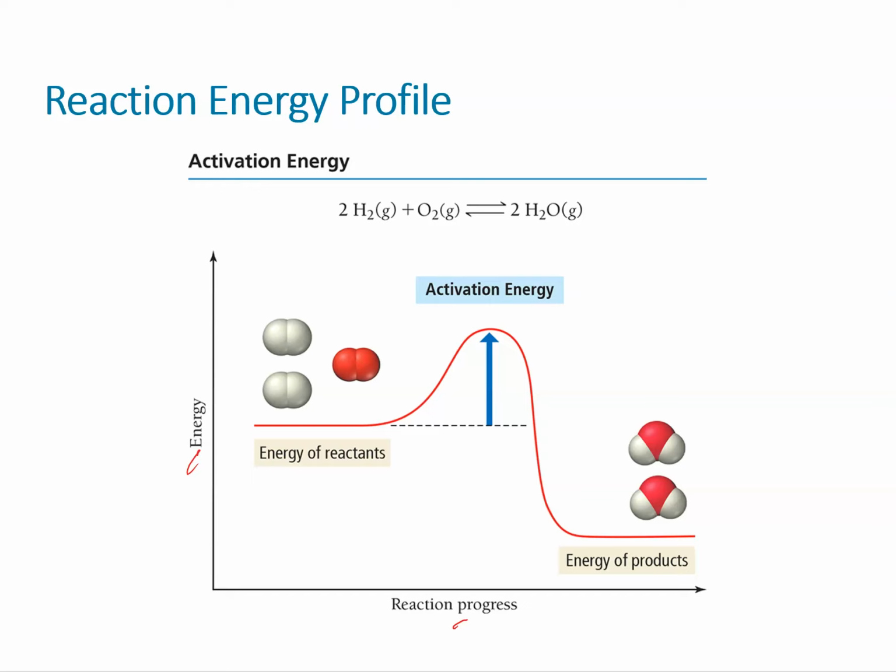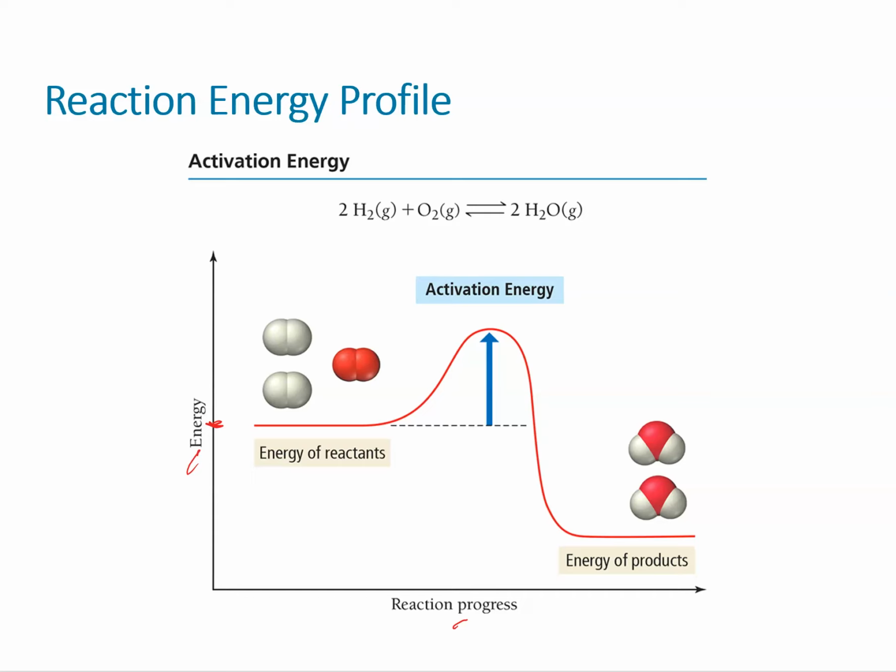So 2 molecules of hydrogen gas react with 1 molecule of oxygen gas to form 2 molecules of gaseous water. And what's really important to look at is at the beginning, the sum of the energy of the reactants is here. Arbitrarily, we'll just call that our starting point for energy.